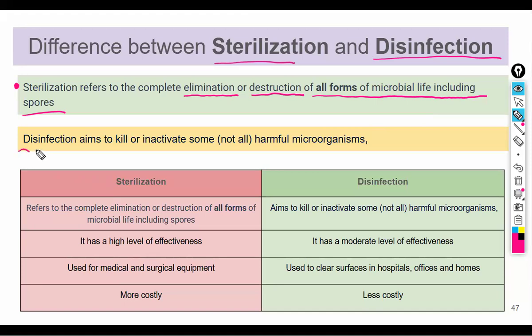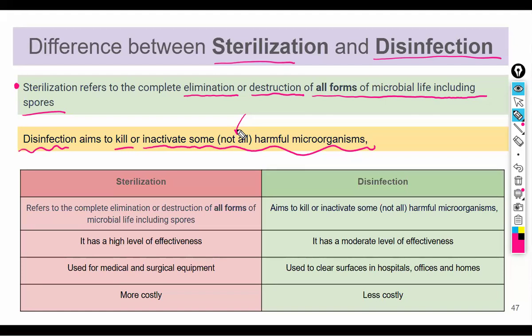So disinfection, right, aims to kill or inactivate some microorganisms. It doesn't actually kill all of them. You see, a disinfectant might just target certain types of bacteria. It doesn't kill all.